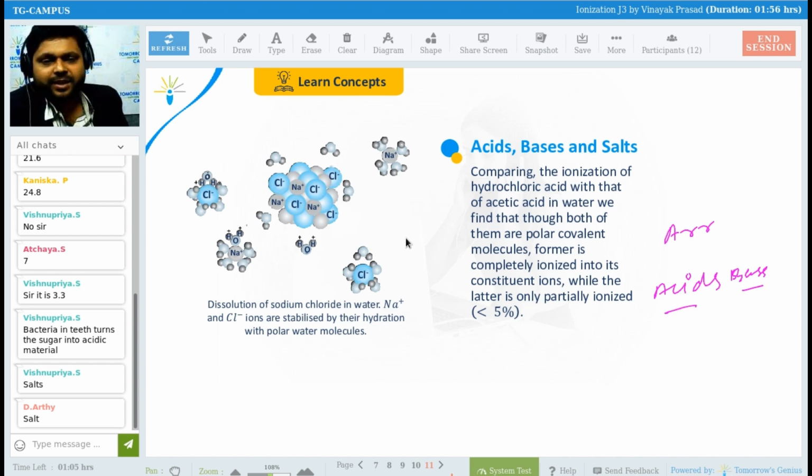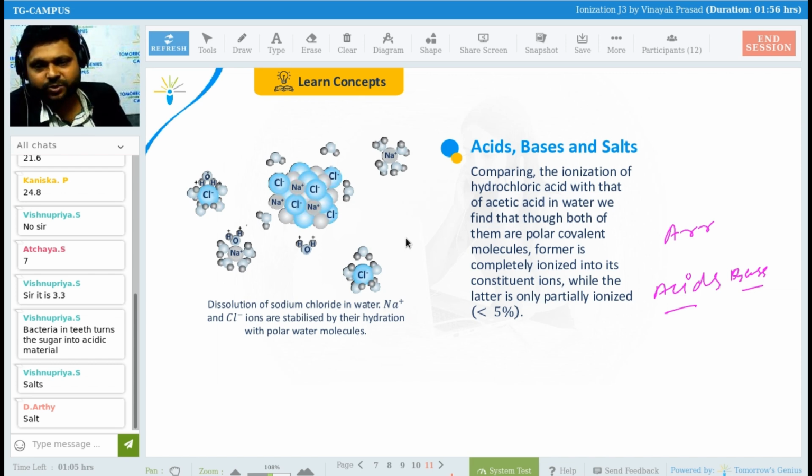Somebody is saying that if an element gives an electron pair, then it will be called an acid or base. Or if any element is accepting an electron pair, then also it will be called either an acid or a base. So some scientists are saying what? See here.